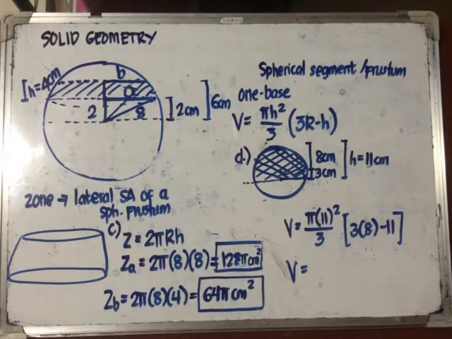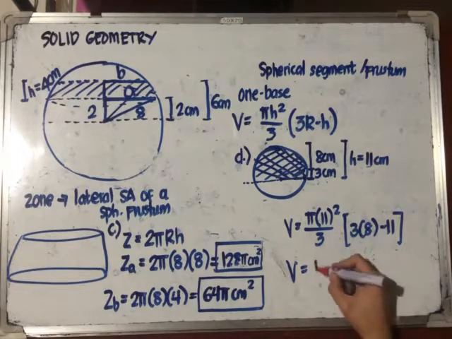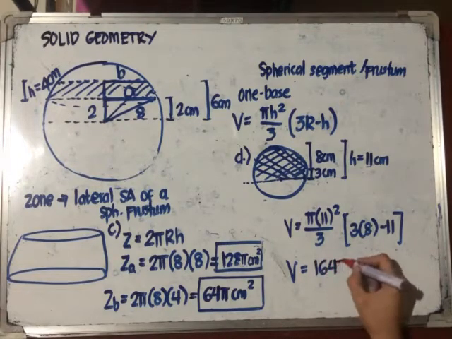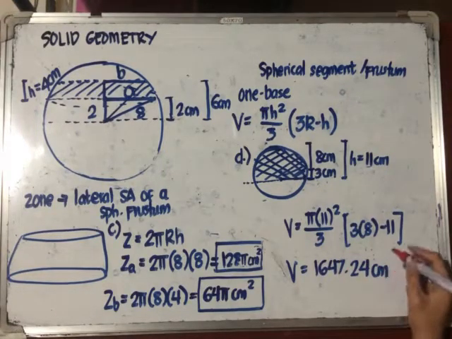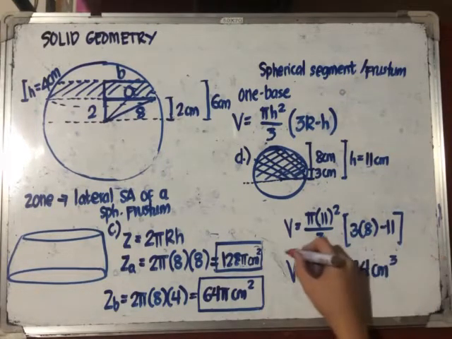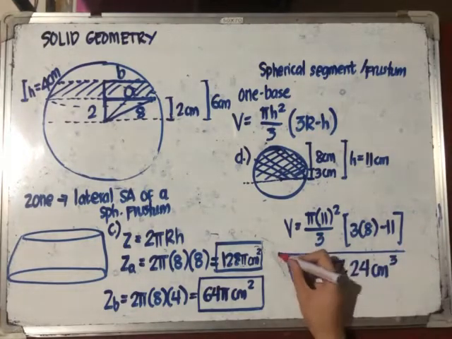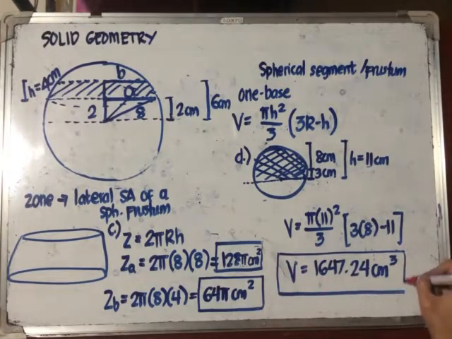And that is equal to, how much is this? 1647.24 cm cubed. So these are our volume computations for spheres.